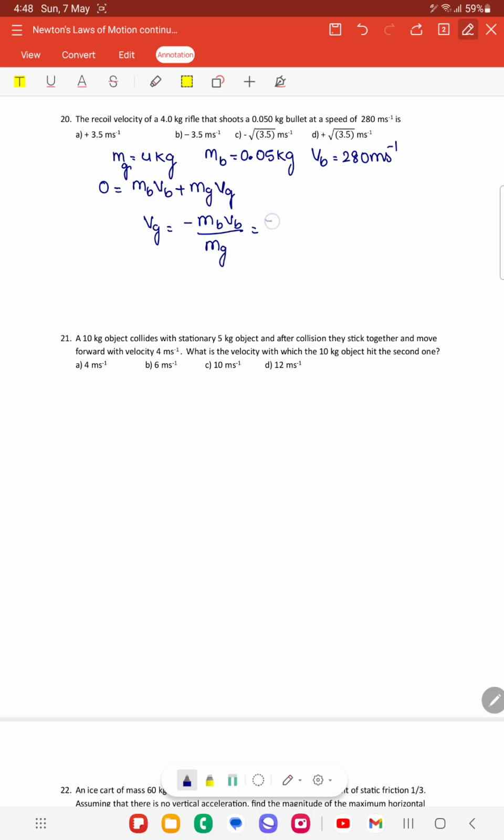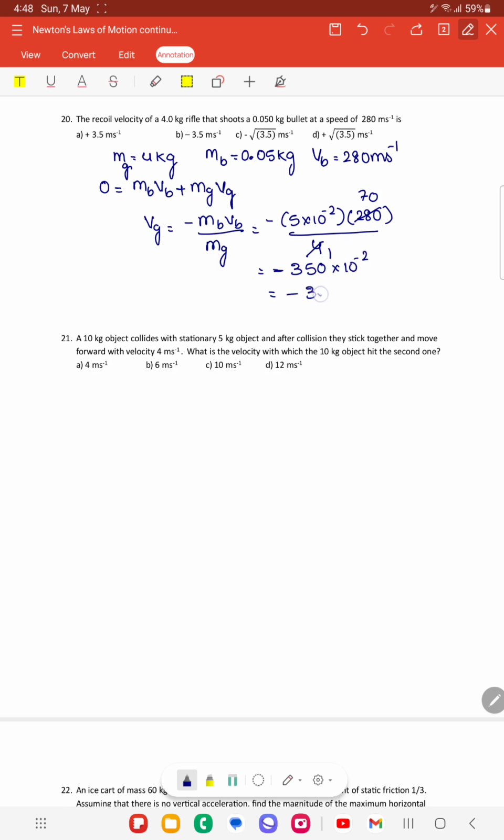Substituting the values, we have minus 5 into 10 to the power minus 2, that is mb, into 280 divided by mass of the gun, which is 4. 4 ones are 4, 70s are, so which is minus 350 into 10 raised to minus 2, which is minus 3.5 meter per second. So the recoil velocity of the gun is minus 3.5 meter per second. So option B is the right answer.